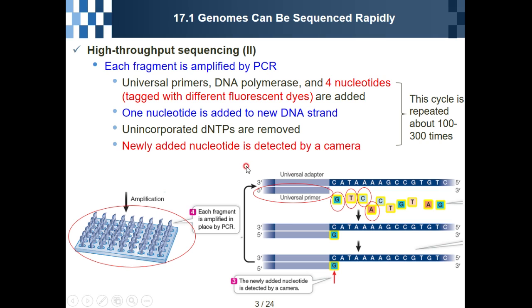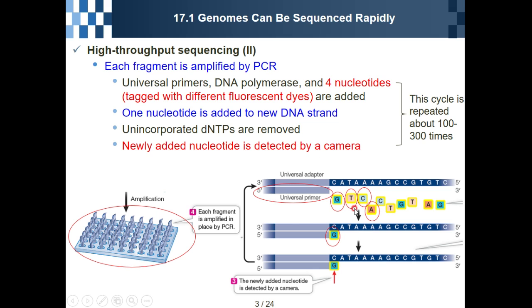Okay, so for example, in this case, the first sequence is cytosine. So in this case, 1 nucleotide, guanosine, is added to the new DNA strand.